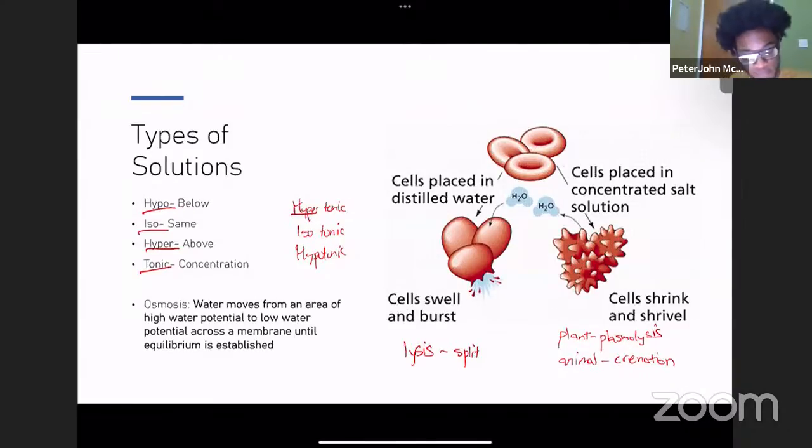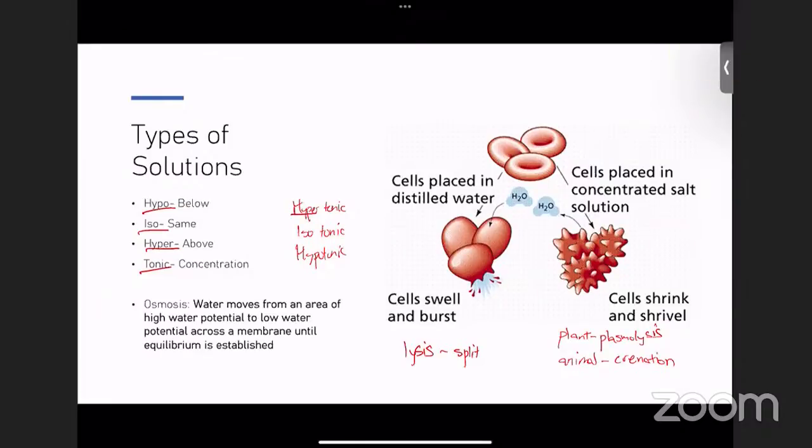So osmosis. Someone read the definition of osmosis, please, or give me a definition of osmosis. Osmosis: water moves from an area of high water potential to low water potential across a membrane until equilibrium is established. All right, what does that mean?